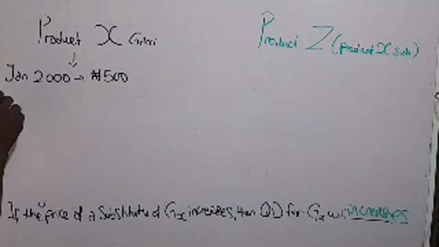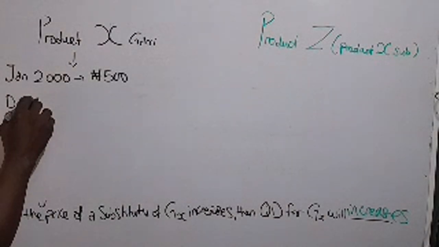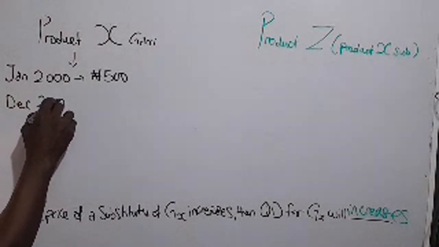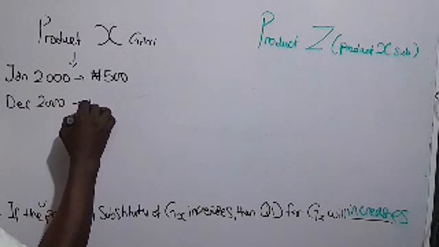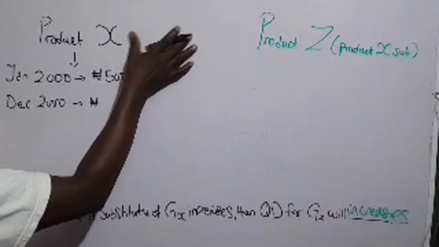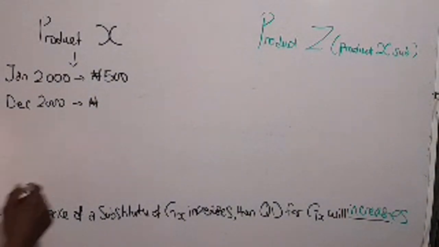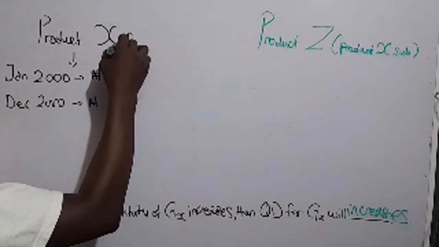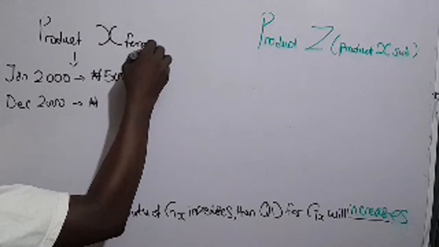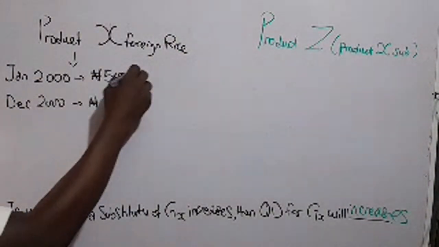Then by December 2000, it increased. Let me use, let's say, foreign rice, 500 naira per bag.